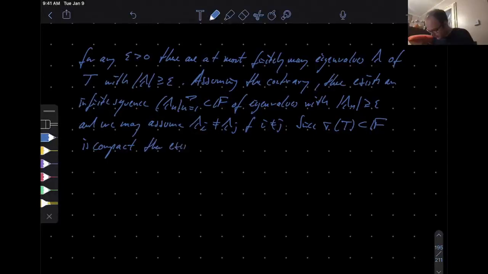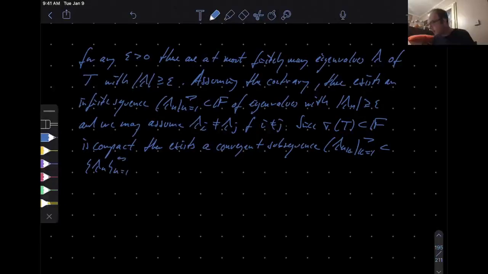There exists a convergent subsequence lambda nk, subsequence of the lambda n's, say lambda nk goes to lambda as k tends to infinity, and since all those terms are outside the disk of radius epsilon, so will be the limit.